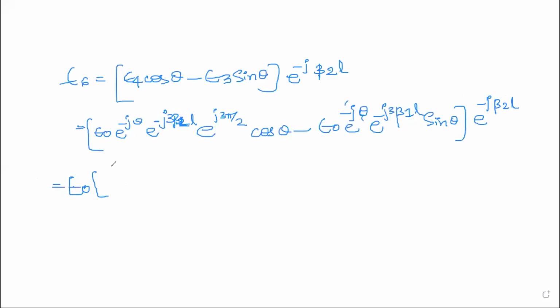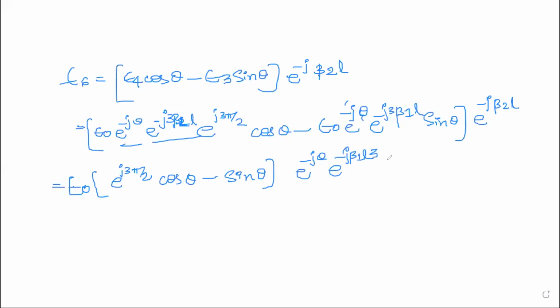Then E naught, so you can write the remaining terms. e to the power j 3 pi by 2 will be extra because these two you can take outside: cos theta minus sin theta into e to the power minus j theta, e to the power minus j 3 beta 1L. Sorry, there is a 3 here. And e to the power minus j beta 2L.